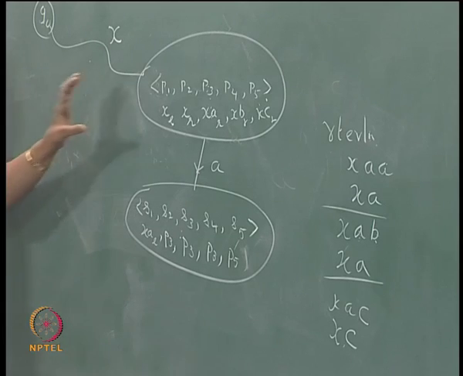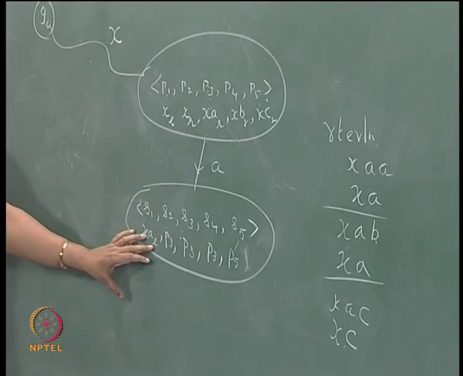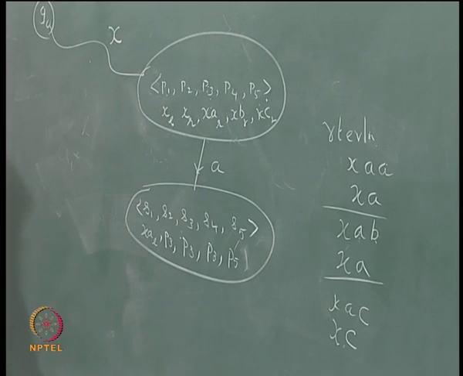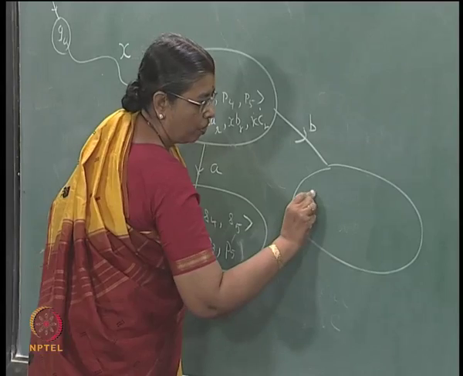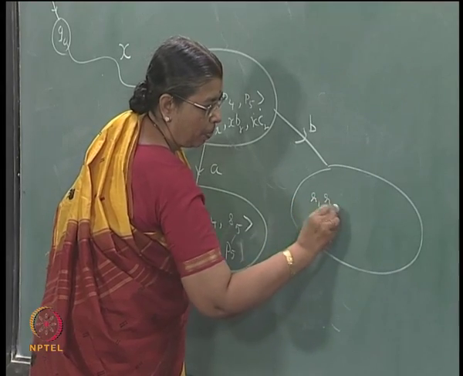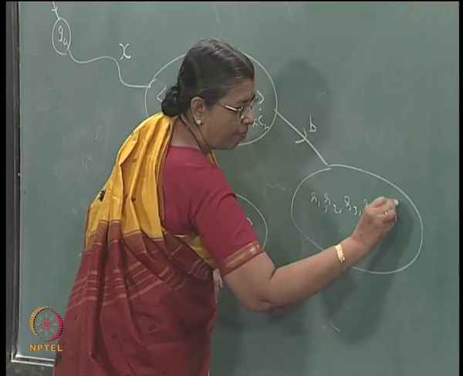So, from one 5 tuple, after reading A, you go to another 5 tuple, and these 5 tuples you can determine in this manner. Similarly, for example, if you take a B, then you will go to a 5 tuple R1, R2, R3, R4, R5.